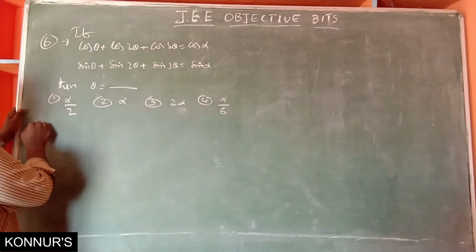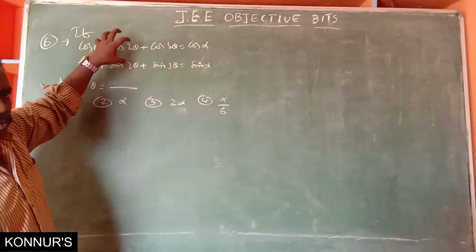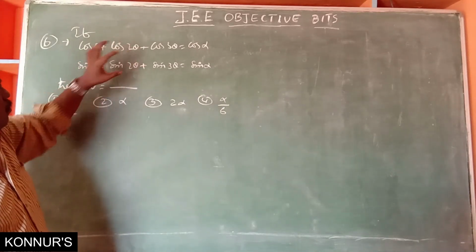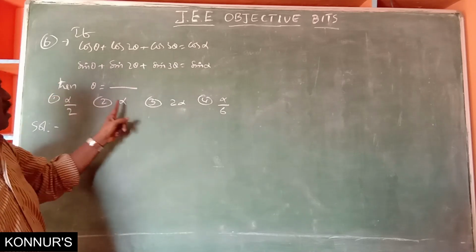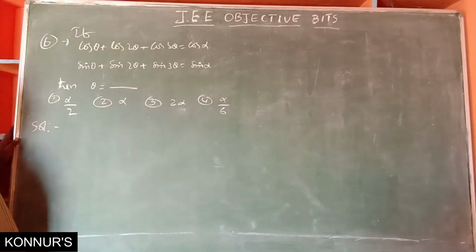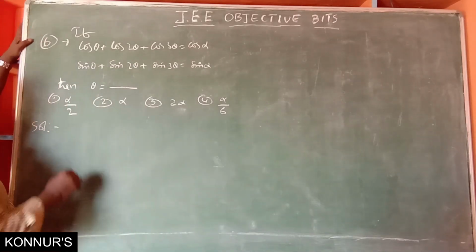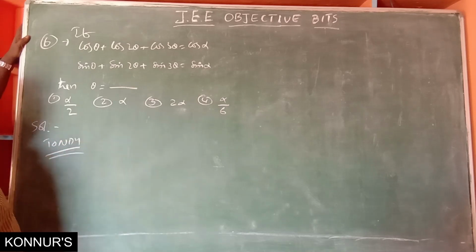You see, in order to solve, here 2 data are given, but we are asked only to find theta in terms of alpha. Okay, now you see, here we have to use the 2D method. Why?